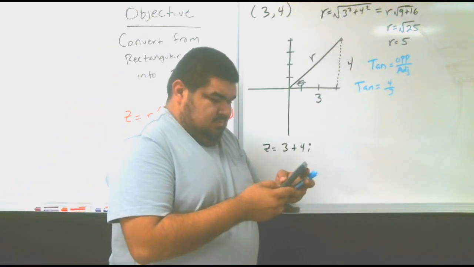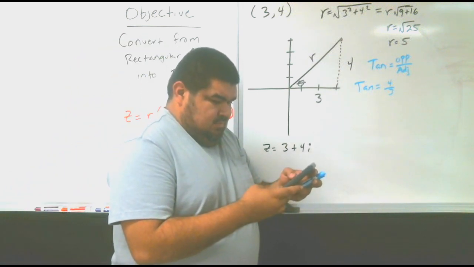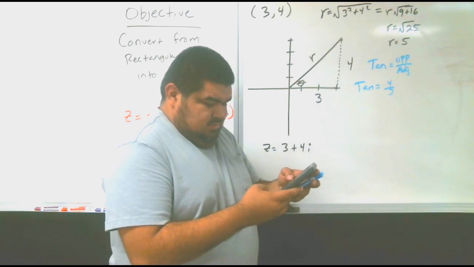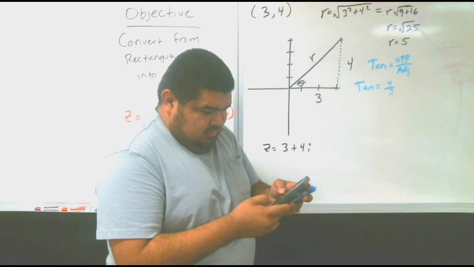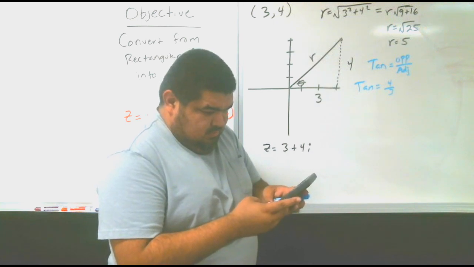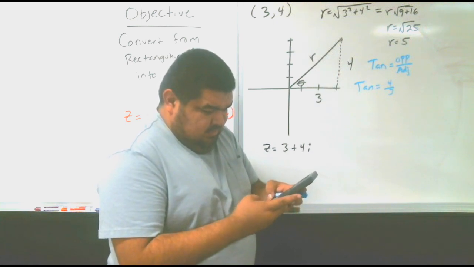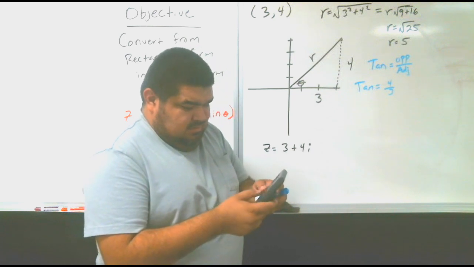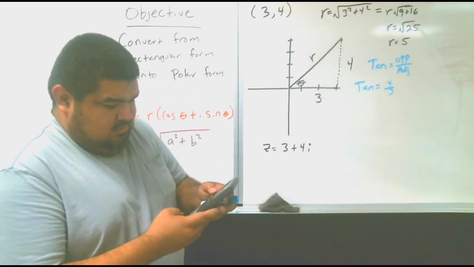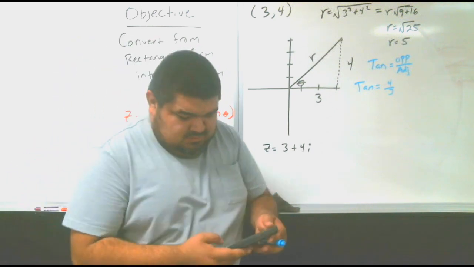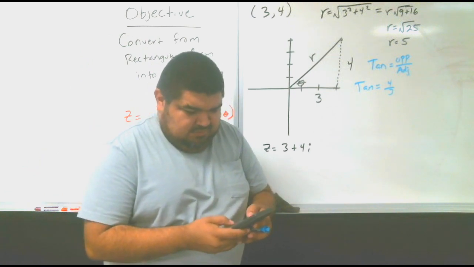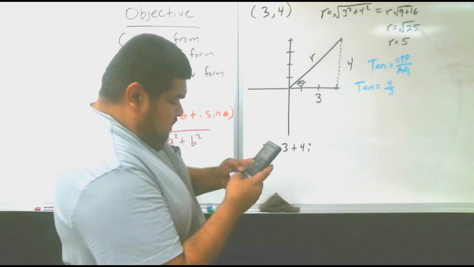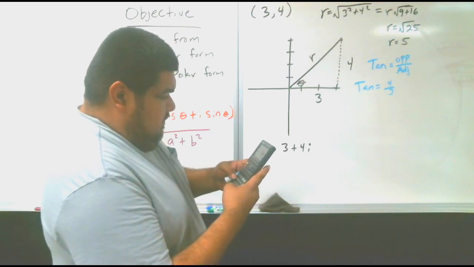Shift menu, go with radians, then we do the inverse, shift tangent, of 4 divided by 3.